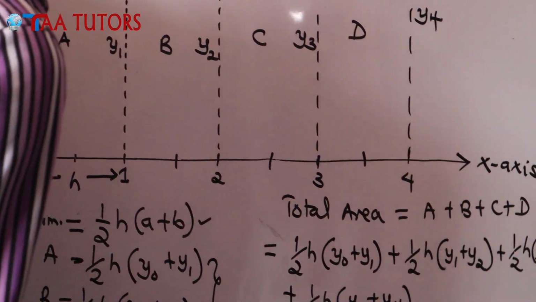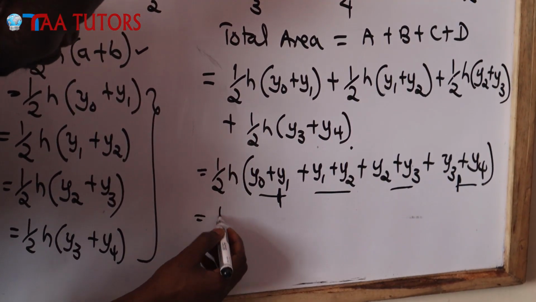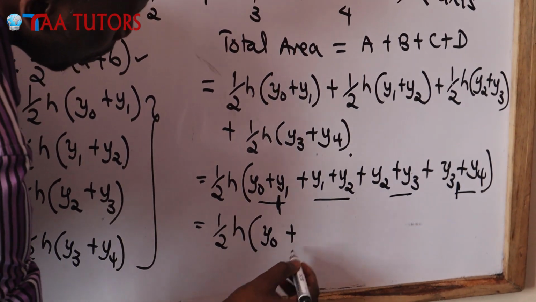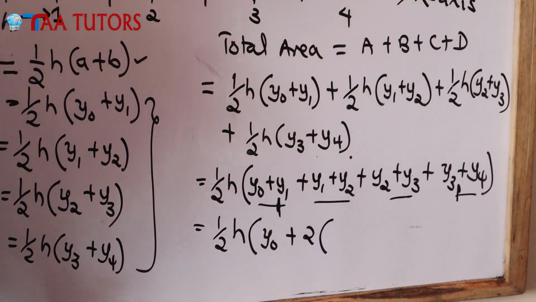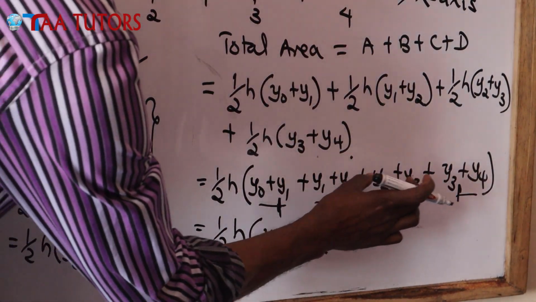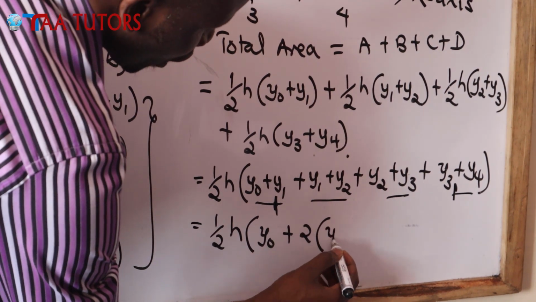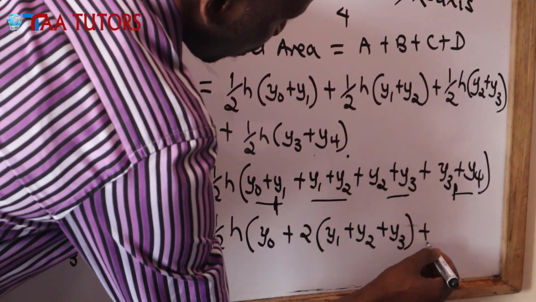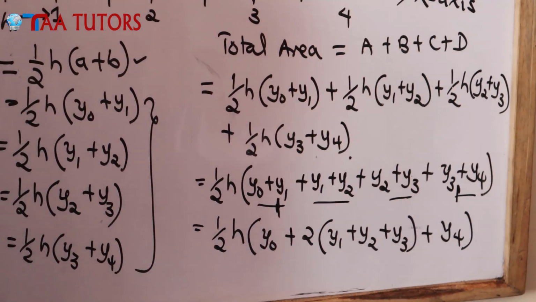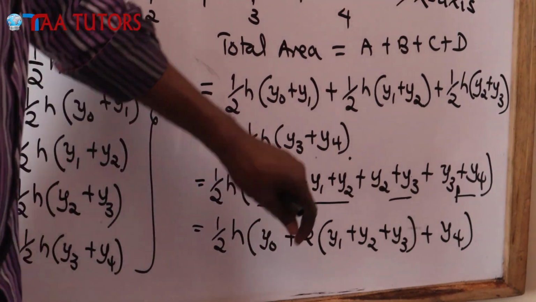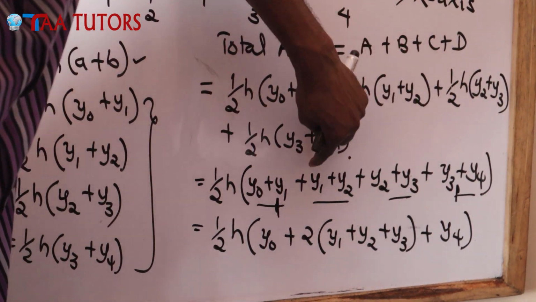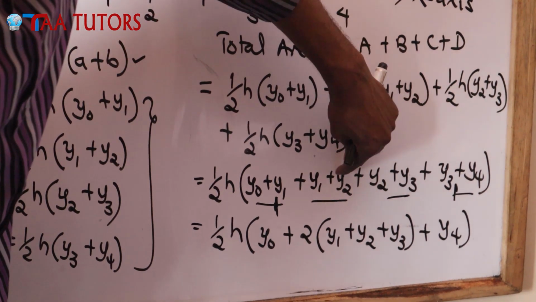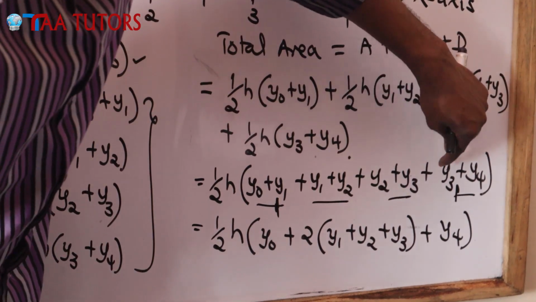So again, we can do something here by saying this is a half h into y0 plus 2, because these things are 2, 2, 2, into y1 plus y2 plus y3, then plus y4. So what we have done is simply to factorize again here, because y1 plus y1 is 2y1, y2 plus y2 is 2y2, y3 plus y3 is 2y3.